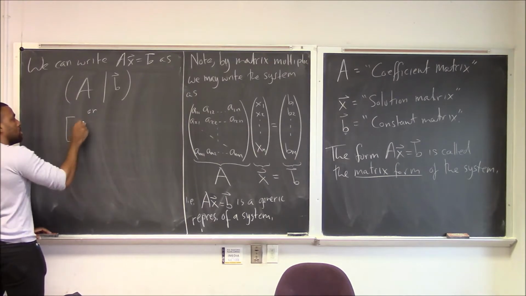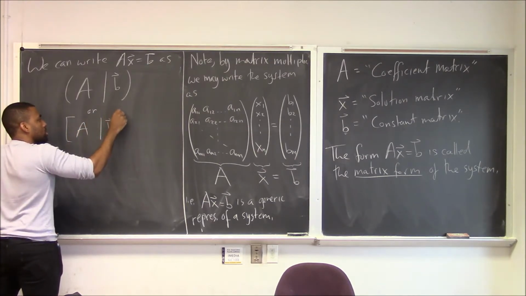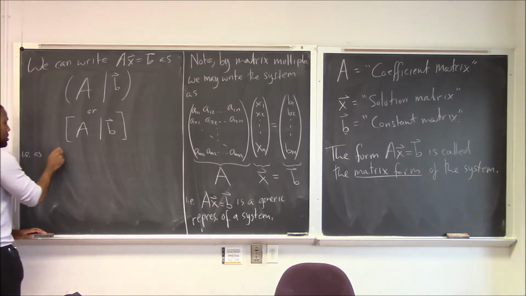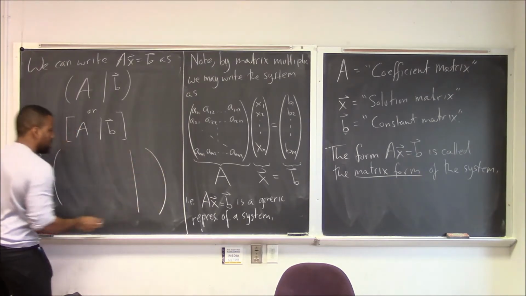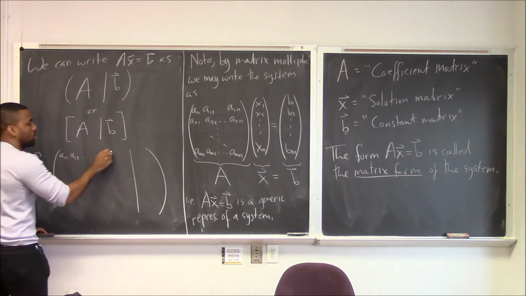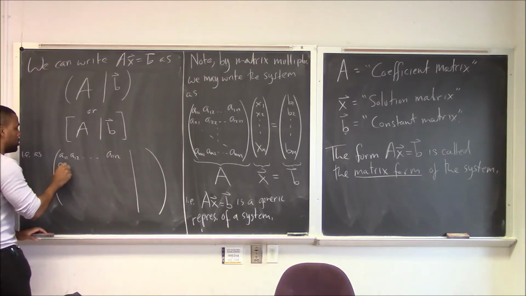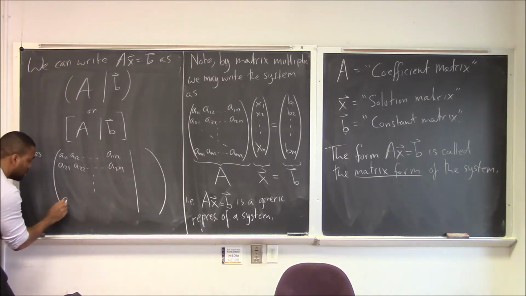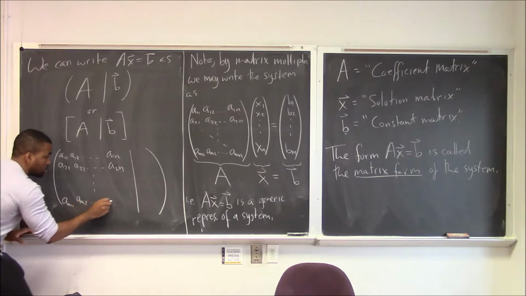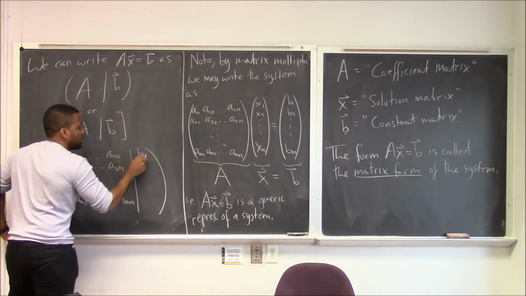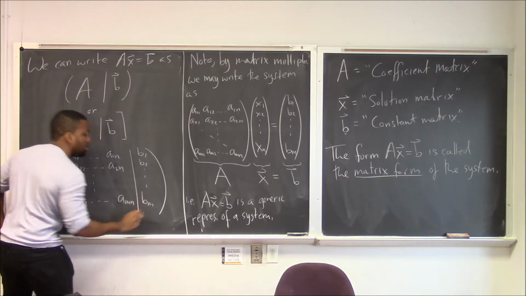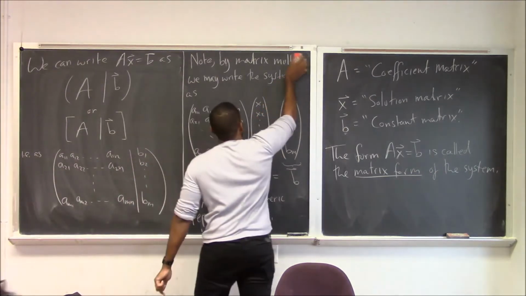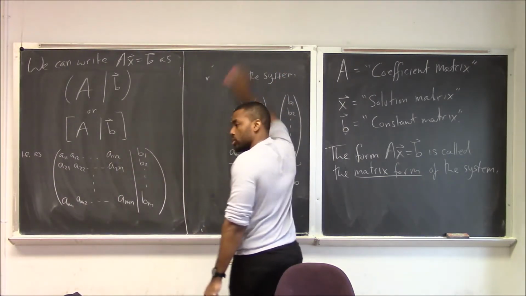Or if you like writing matrices with square brackets, you can write one huge matrix: A11, A12, all the way down to A1n, A21, A22, all the way down to A2n, Am1, Am2, all the way down to Amn, and there's B1, B2, all the way down to Bm. Whenever you do this, this is called the augmented form. By writing it that way, you say you've augmented the system.